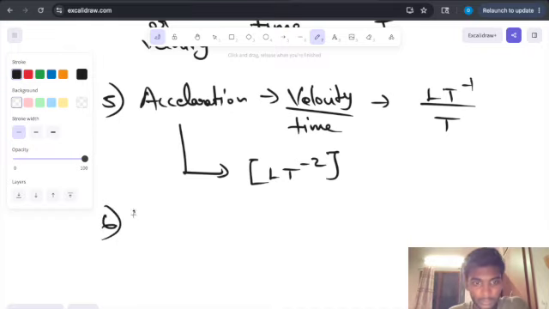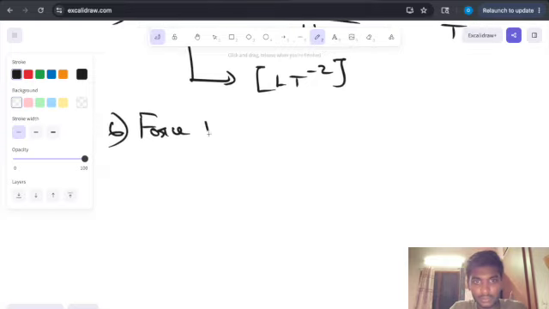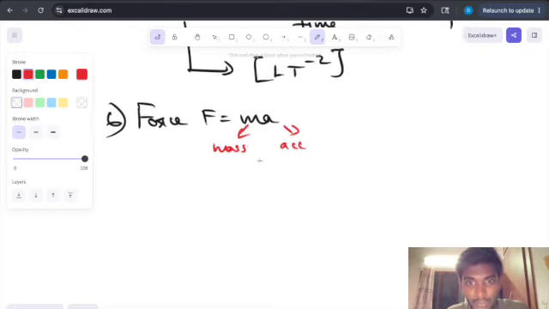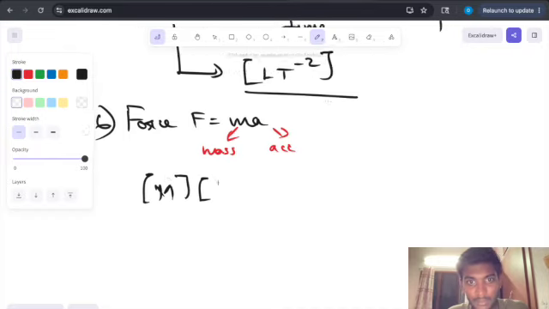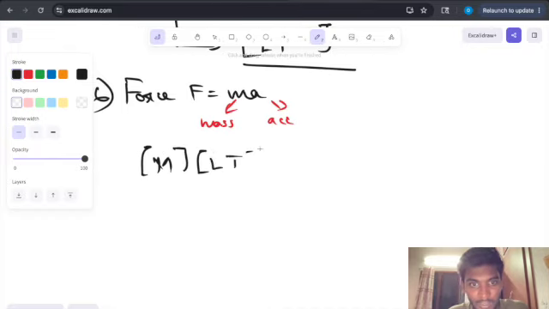Next we will look at force. Force F is equal to ma, where m is mass, a is acceleration. Mass is M and the acceleration dimension we have derived to be LT minus 2.